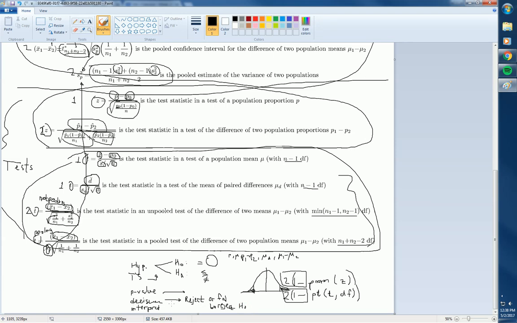And then your interpretation will always start out with the words, there is statistically significant evidence if you rejected, or there is not statistically significant evidence if you failed to reject. There is or is not statistically significant evidence that, and then you put into words what the alternative hypothesis says.